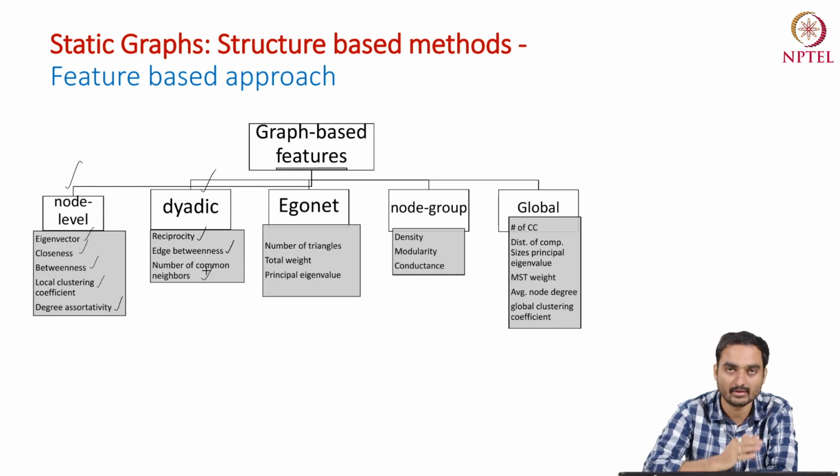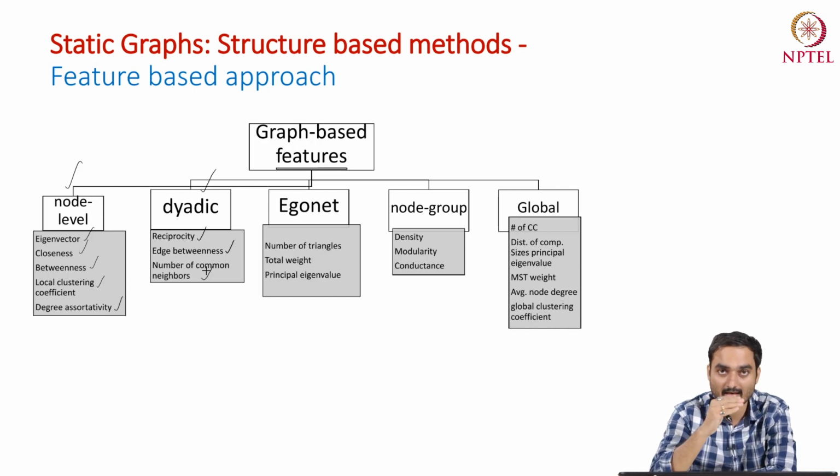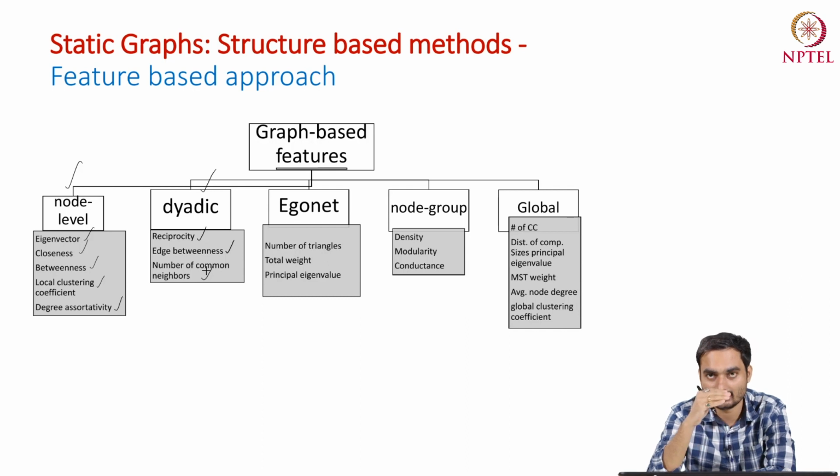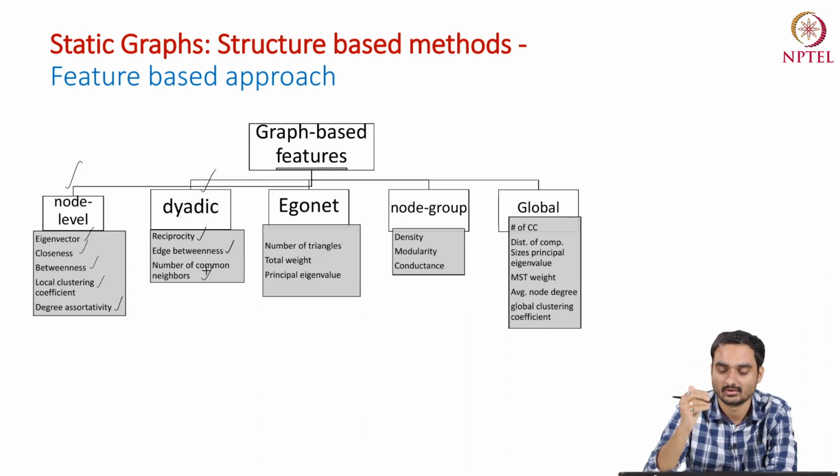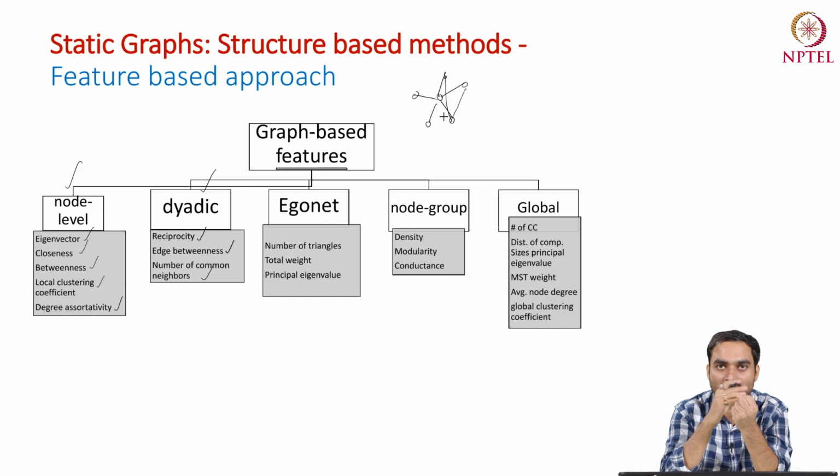Then we move from dyadic structure to ego network structure. We already know what an ego network is. An ego network consists of an ego, which is a node, and its one-hop neighbors, the induced subgraph of the one-hop neighbors. We look at the node and its one-hop neighbors, and we also take their connections, and that basically forms the ego net, and then we extract different features from the ego nets.